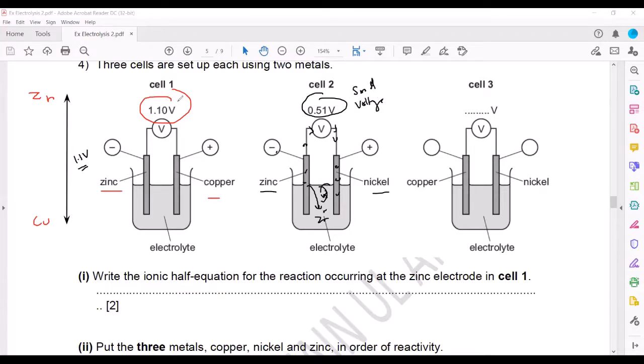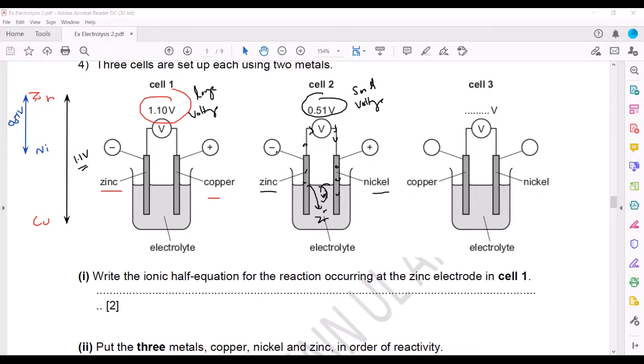Where the difference in reactivity is more, it produces a large voltage. So when we compare the position of zinc and nickel, between zinc and nickel the voltage produced is 0.51 volts. And why?